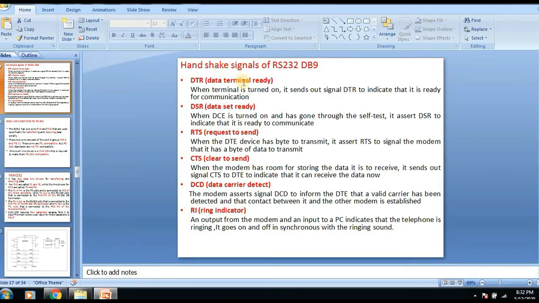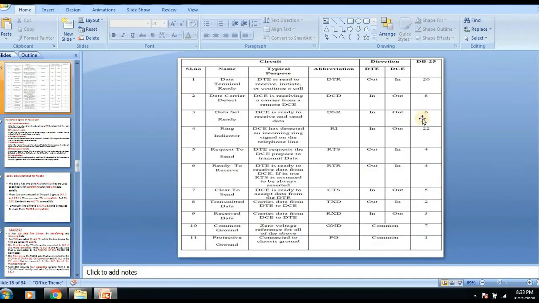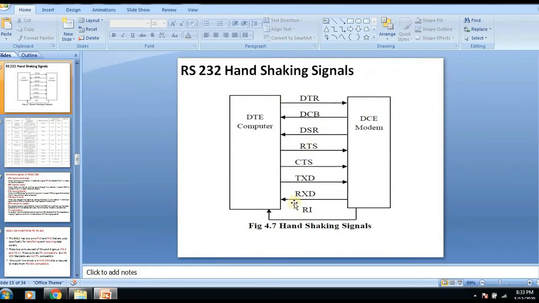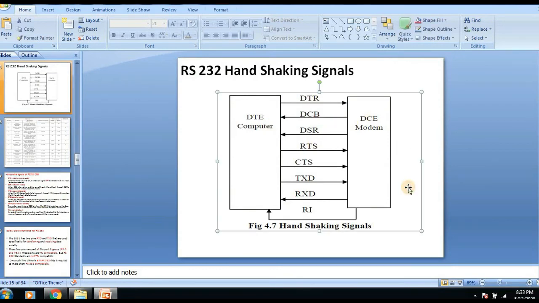When the computer is turned on and goes through the self-test, it sends out the signal DTR to indicate that it is ready for communication. So the DTE sends out this signal to the DCE, that is DTR, data terminal ready.